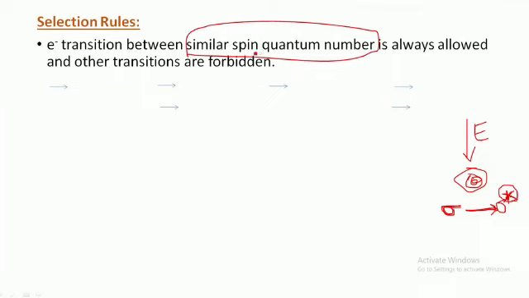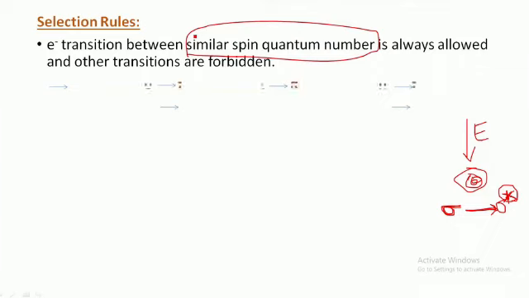I hope you remember what a spin quantum number is from our intermediate. These quantum numbers are nothing but experimental values, so don't go into depth. You don't have to remember how a spin quantum number is determined, so don't worry about that. But remember, only if the spin quantum number is similar will the transition be allowed; all other transitions are forbidden.